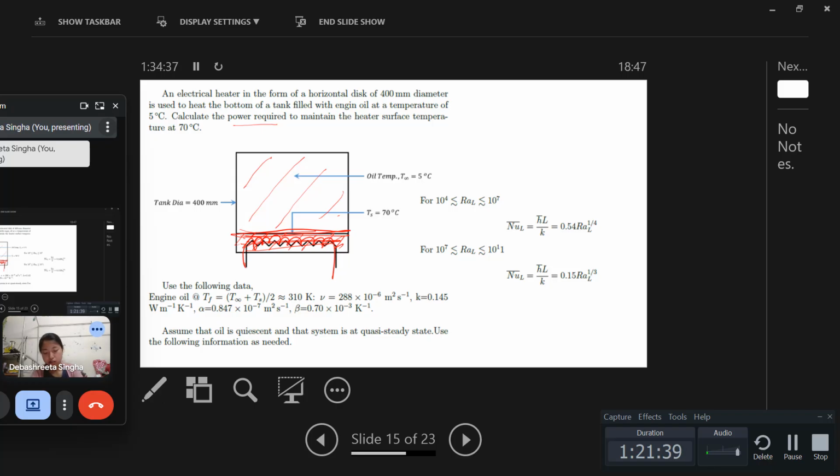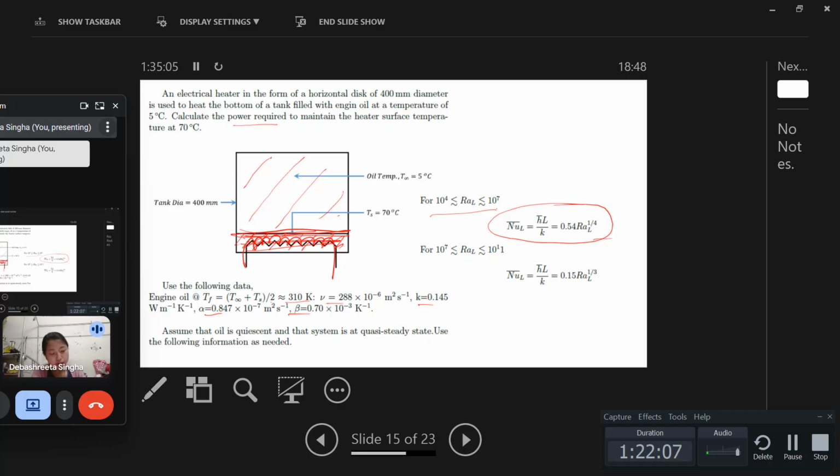Now use the following data. Engine oil at TF is given as T infinite plus TS divided by 2. This you know. Then viscosity is given, conductivity is given, diffusivity, and beta. They have also given this relation for Rayleigh number 10 to the power 4 to 10 to the power 7.